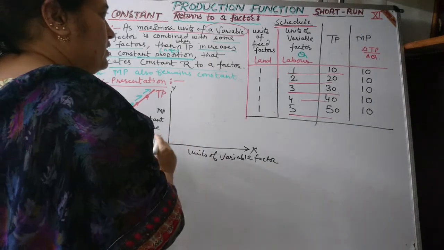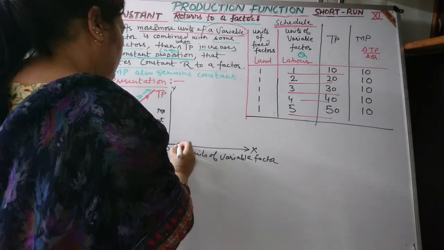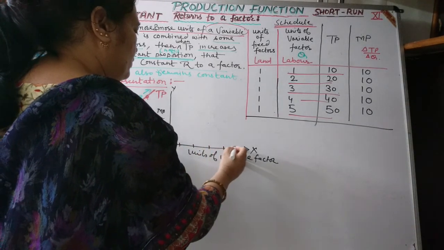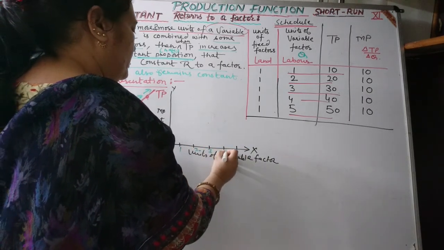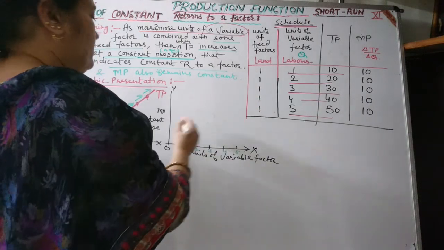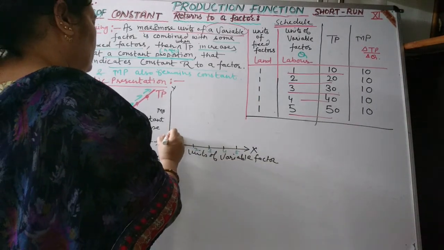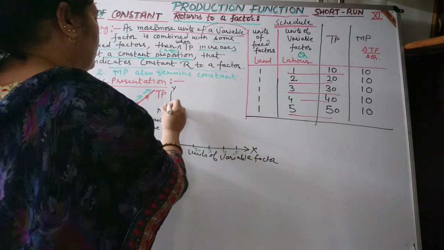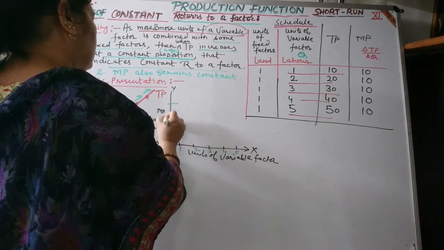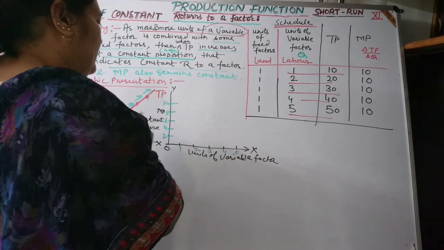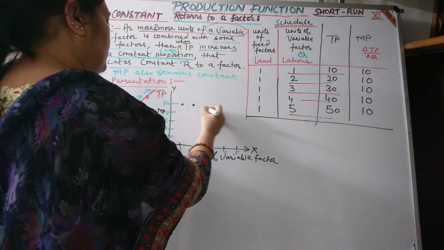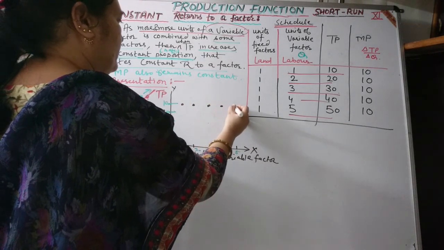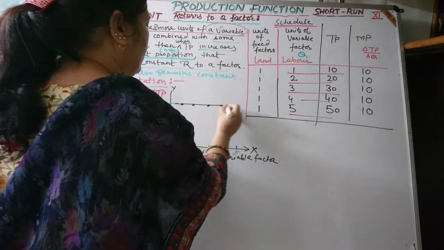Now for the marginal production, units of output are 1, 2, 3, 4, 5, and MP is shown. At the first unit of output MP is 10, at the second unit it is 10, third 10, fourth 10, and it is also 10 at the fifth unit.